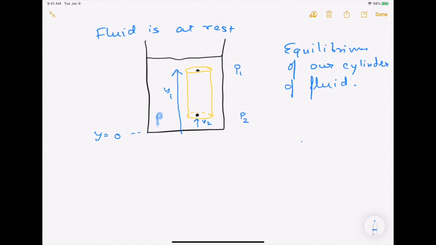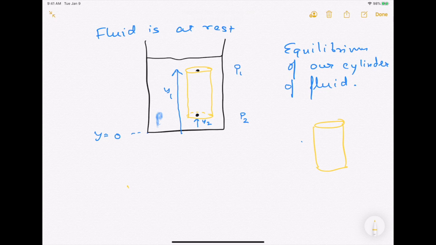What are the forces acting on this cylinder of water? Well, if I draw more things on this diagram, it'll get more cluttered. So I'm just going to draw our yellow cylinder separately over here. What are the forces acting on this cylinder? There are 3 forces, and we are only going to consider the forces in the vertical direction, right?